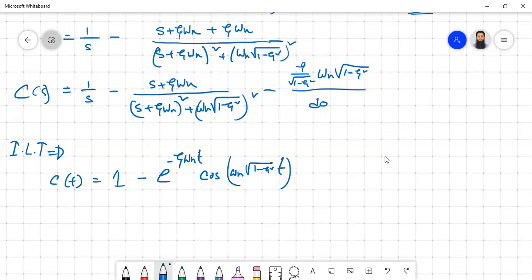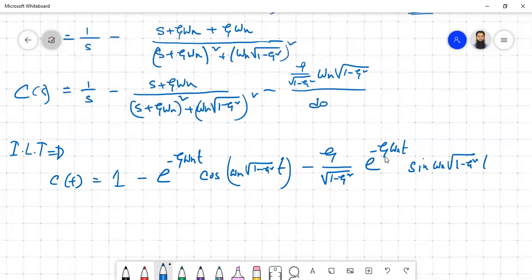Okay, then you have minus, the coefficient remaining as it is, that is zeta by root over 1 minus zeta square. Then you have the rest of the thing, you can apply the sine formula. So you have the decay e to the power minus zeta omega n t, then you have sine omega t, that is omega n root over 1 minus zeta square.